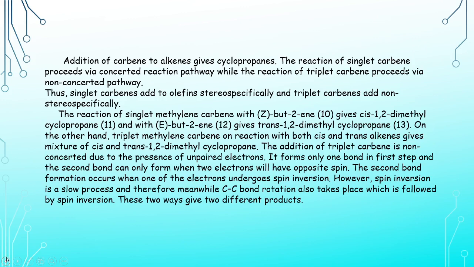In this second bond formation the spin inversion is a slow step, and in that time rotation of the bond can take place, and therefore we get a mixture of two products when the triplet carbene is reacted with cis or trans 2-butene.